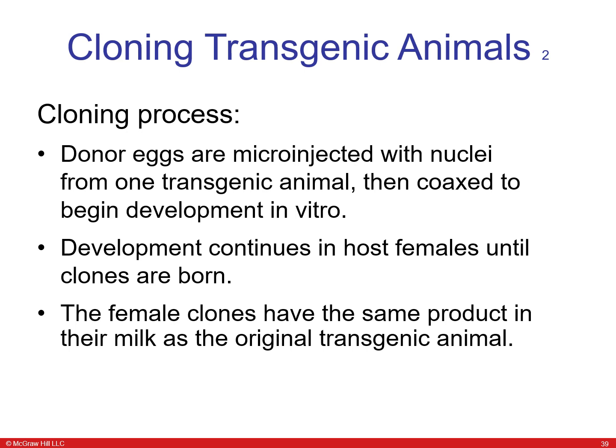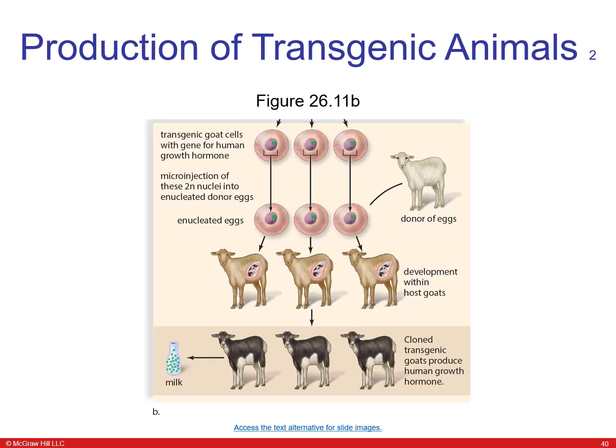Donor eggs are microinjected with nuclei from a transgenic animal, then begin development in vitro. Development continues in host females until the clones are born, and the female clones have the same product in their milk as the original transgenic animals. Here are transgenic animals making human growth hormone in the milk.